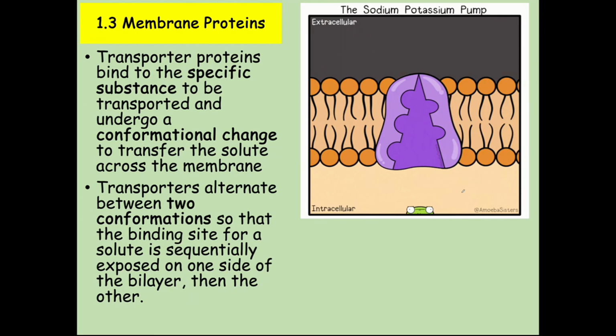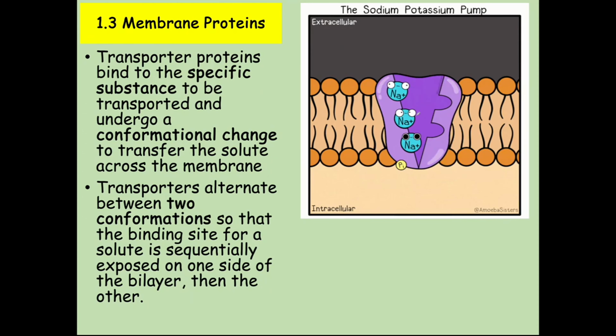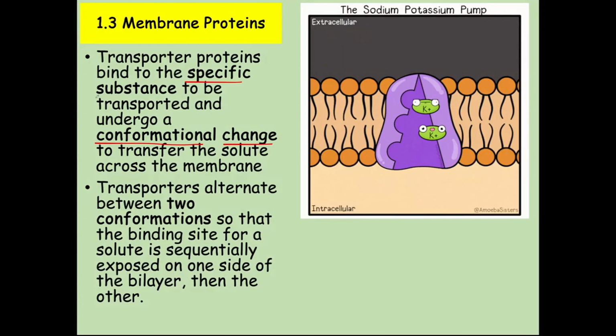So as a particular substance binds to the transporter protein, as we see here, it will cause a conformation change. And we'll talk about what's happening down here later on, okay? That conformational change of the protein then allows those molecules to be transported to the other side of the membrane, okay? So that conformation change is the key bit, and it allows specific substances to be transported by our transporter molecules across the membrane, okay? Those solutes can cross the membrane.